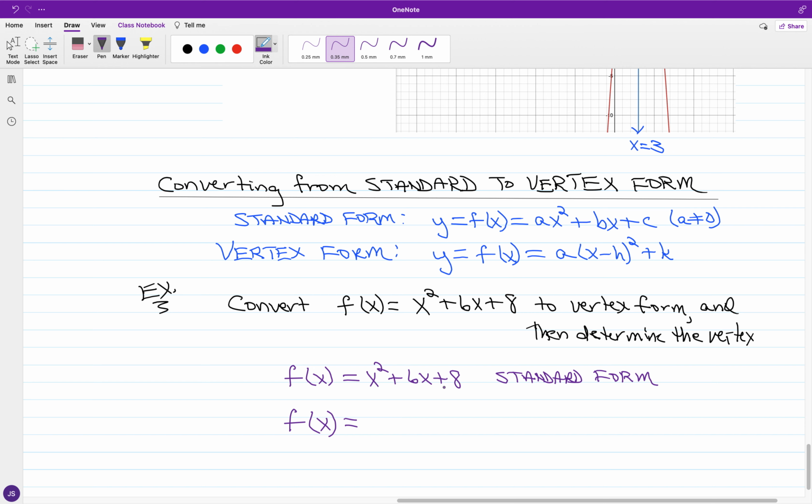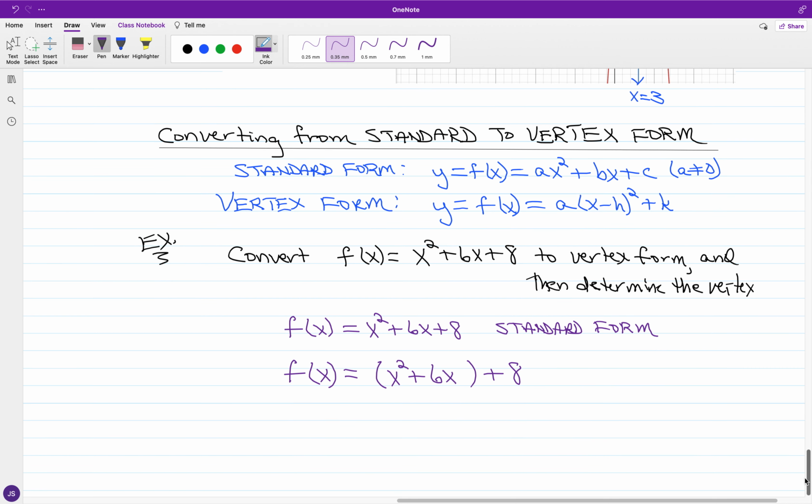So if I were to separate the variable terms apart from the constant, that is just put x squared plus 6x and set apart from 8. So I have parentheses around x squared plus 6x, and then for the next part, this is what's referred to as completing the square.